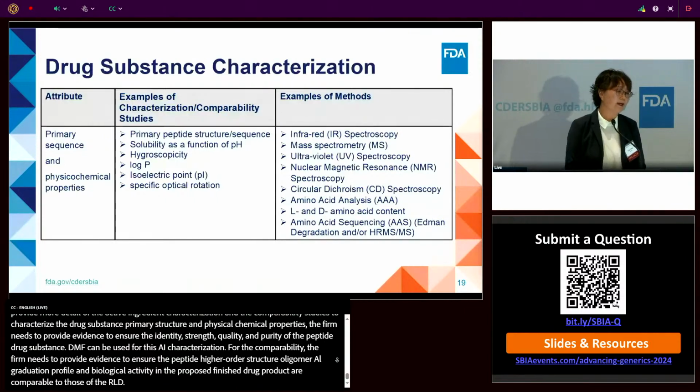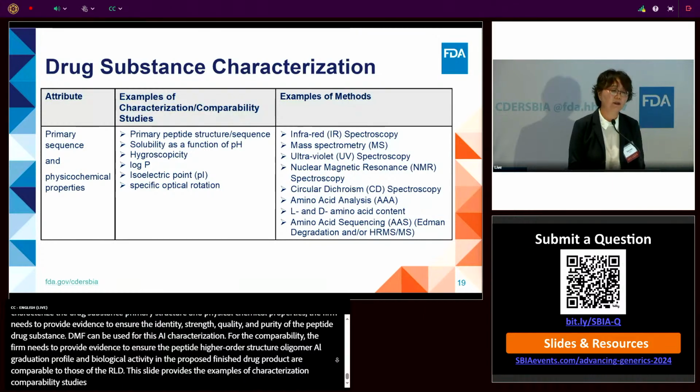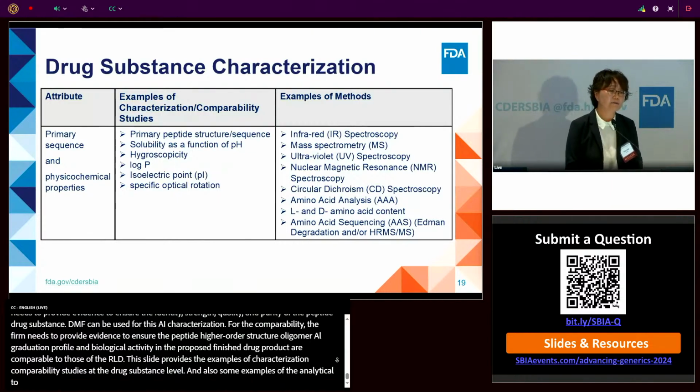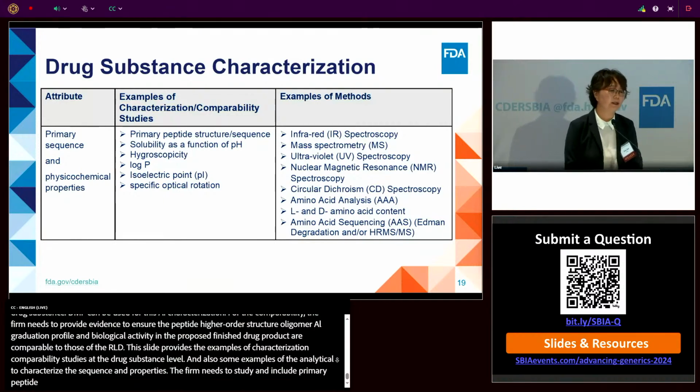This slide provides the examples of characterization comparability studies at the drug substance level, and also some examples of the analytical methods. To characterize the primary sequence and physical chemical properties, the firm's study needs to include primary peptide structure sequence, solubility as a function of pH, hydrophobicity, log P, isoelectric point, specific optical rotation.